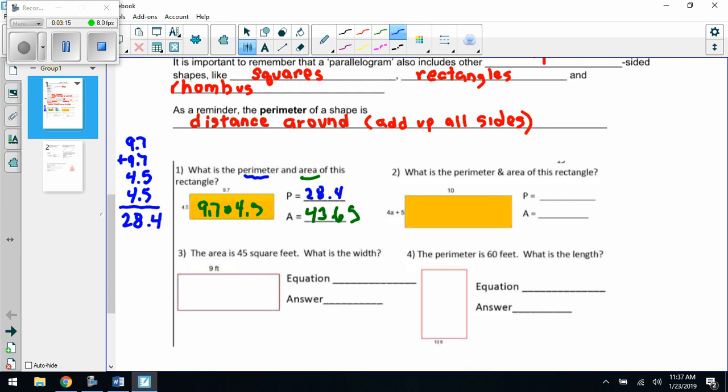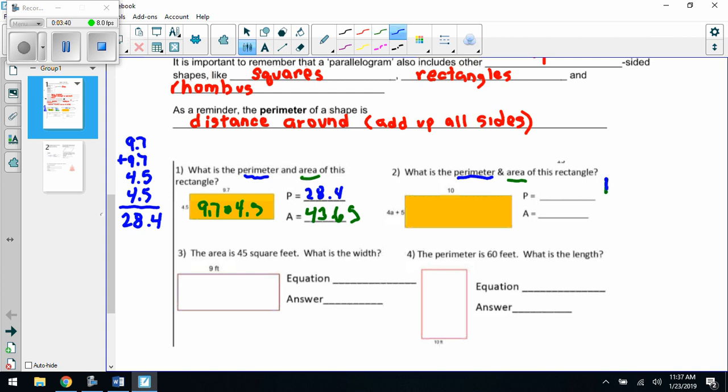Moving on to number 2. Read the question, what is the perimeter and area? Again, they want us to find two different things for this rectangle. To find the perimeter, we would just add up all the sides. Now, in this case, there is a variable in the height here. So we are going to write out 10.